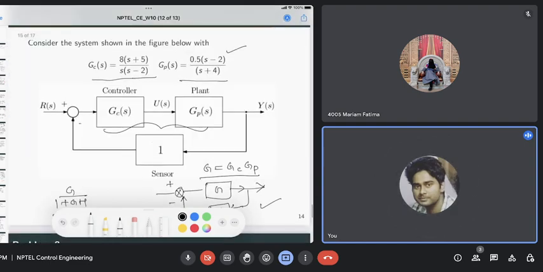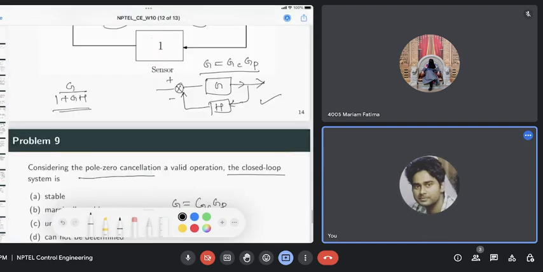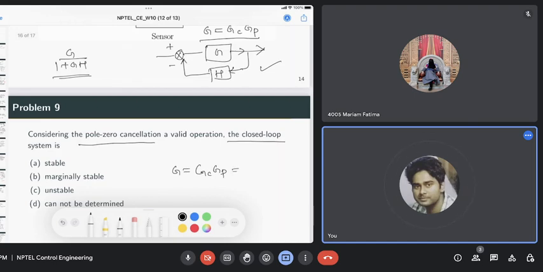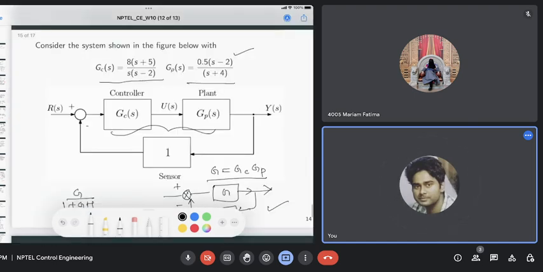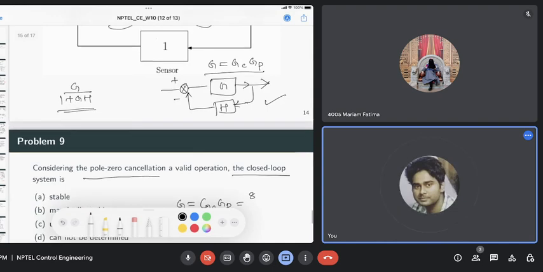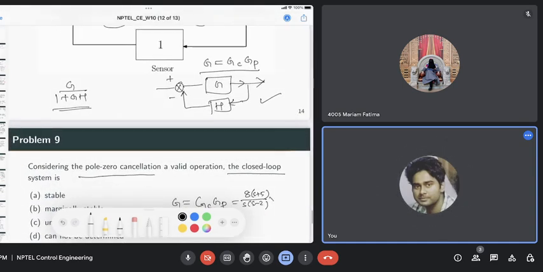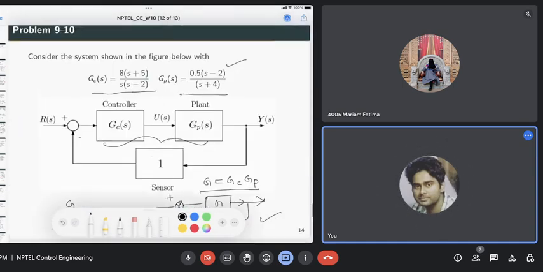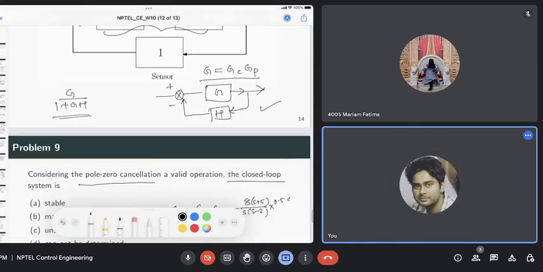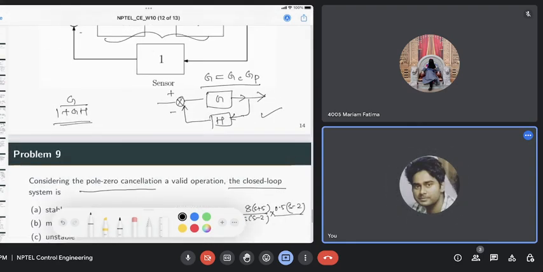So these two terms: we have 8s plus 5, and this is 0.5s minus 2 by s plus 4.